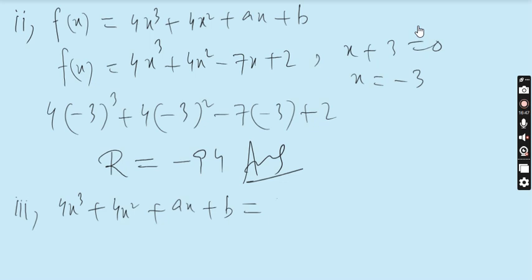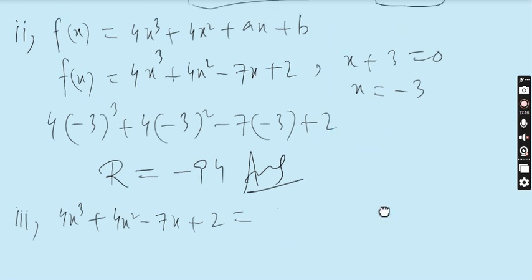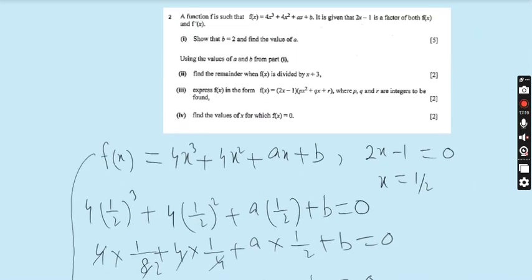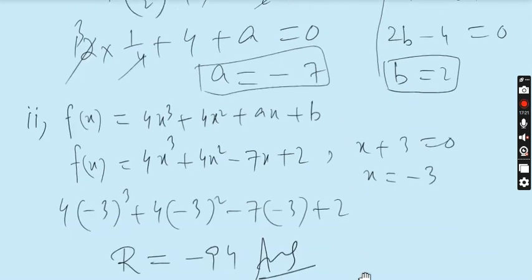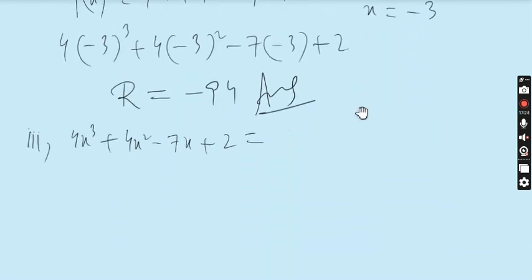Sorry, one thing I forgot. Minus 7x, we have to write the value of a and b over here, is equal to, what was our factor? 2x minus 1.